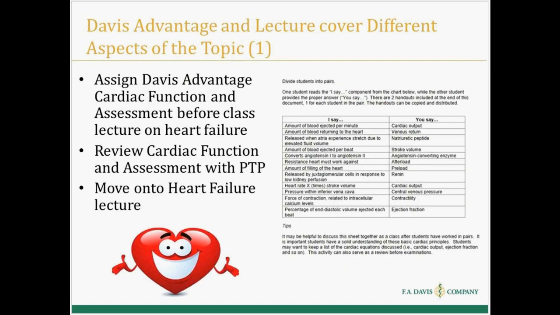I assign the topic before I lecture on heart failure. I very quickly may review cardiac function and assessment with perhaps a personalized teaching plan, which I put here. But then right away I can move on to heart failure, and I'm not taking up my lecture time reviewing things they really should have had in anatomy and physiology.